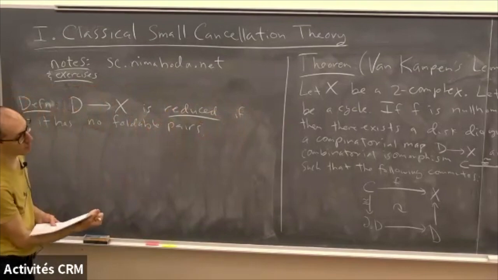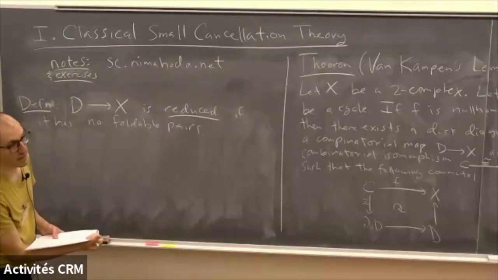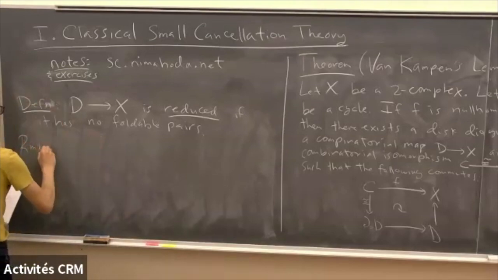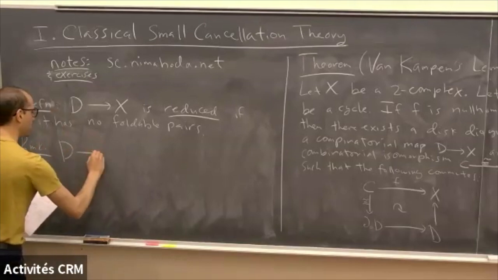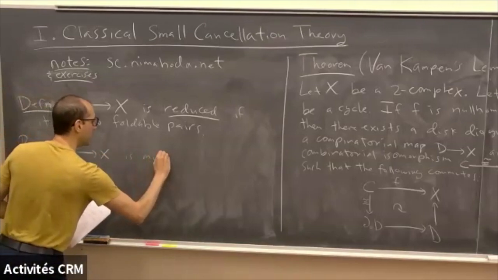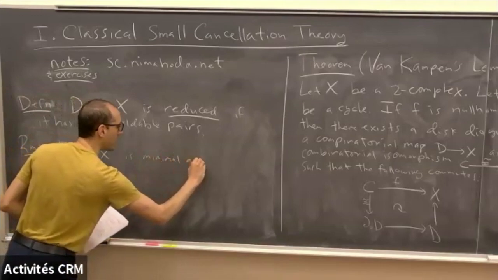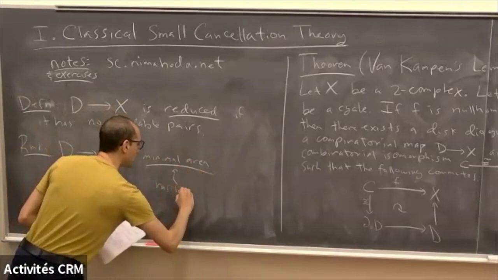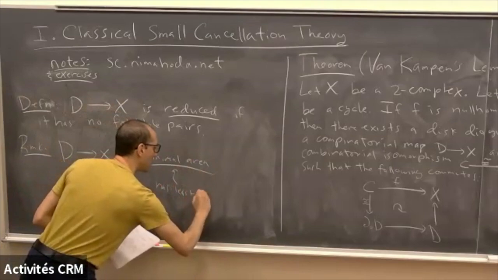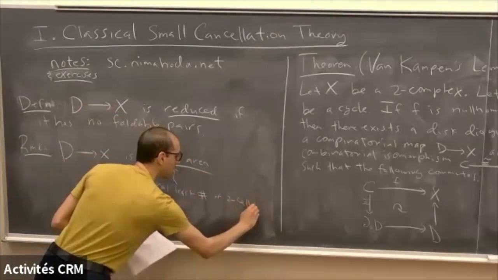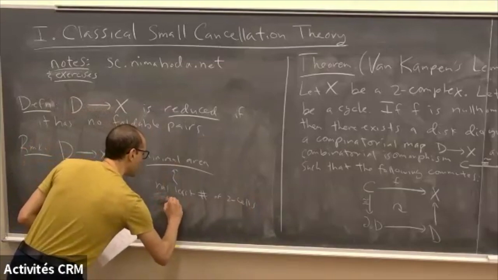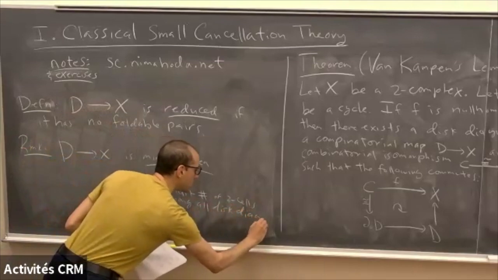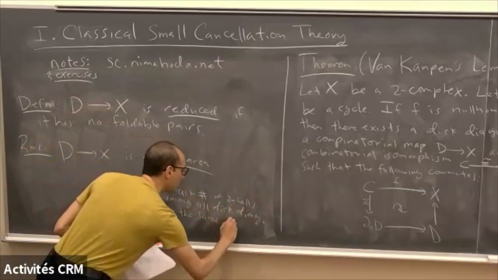Okay, there's no obvious way to make it have less area so that you can just read off easily. So I'll make a remark here that if D is minimal area, by which we mean has least number of two cells among all disk diagrams for the same cycle.